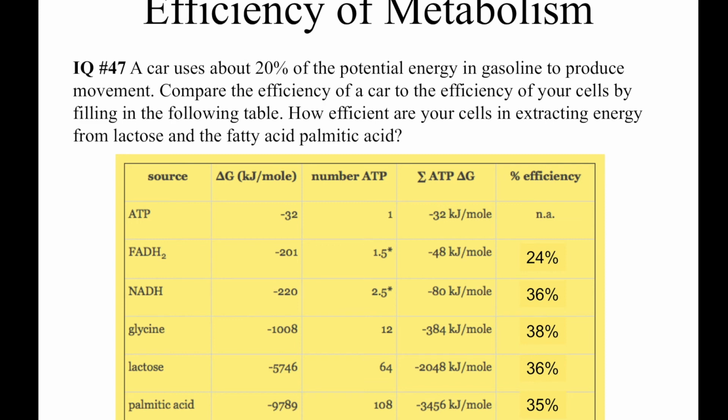That's what you do with this waste heat. And when you are breaking down lots of molecules, like when you're exercising, you generate more heat, and you have extra mechanisms to get rid of that excess heat, like sweating, for example, or breathing heavy, for example.